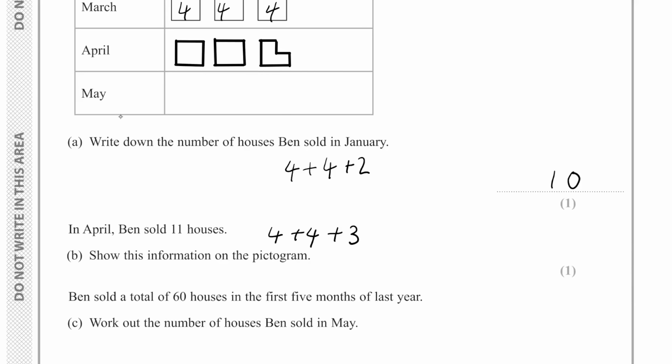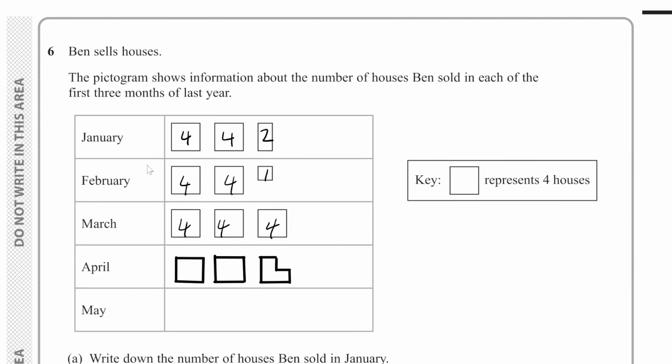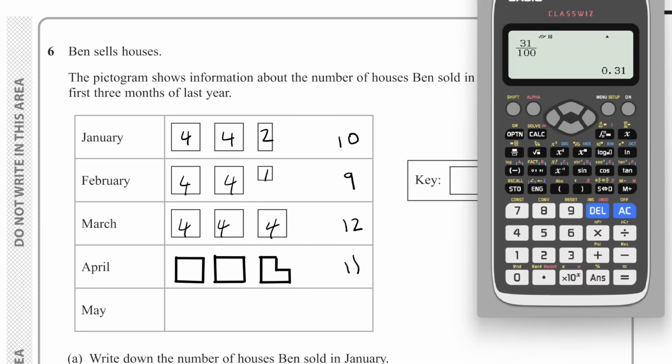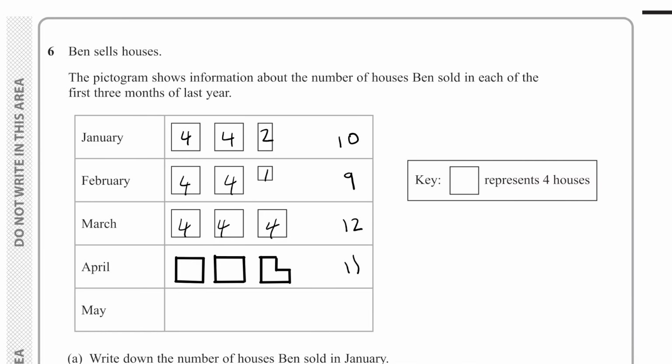And Ben sold a total of 60 houses in the first 5 months. Work out the number of houses Ben sold in May. So we have 10, 9, 12, and 11. So let's add those up. 10 plus 9 plus 12 plus 11 is 42.